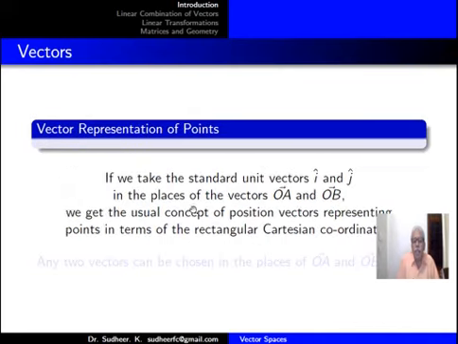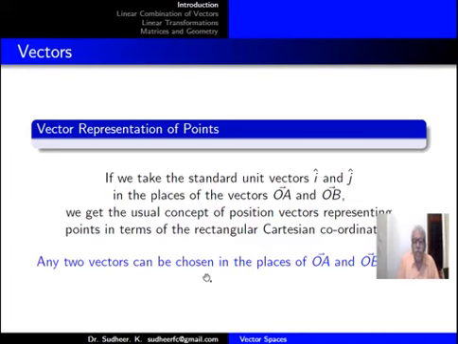If we take the standard unit vectors i and j in the places of the vectors OA and OB, we get the usual concept of position vectors representing points in terms of the rectangular Cartesian coordinates. If we take the standard unit vectors, then we get the position vectors.